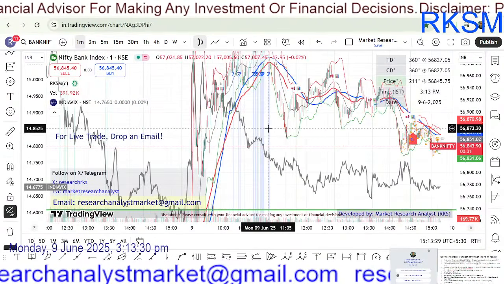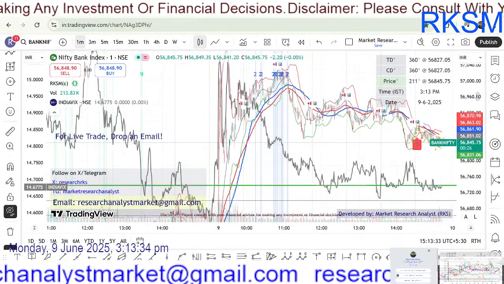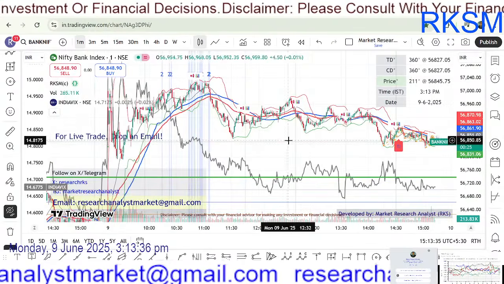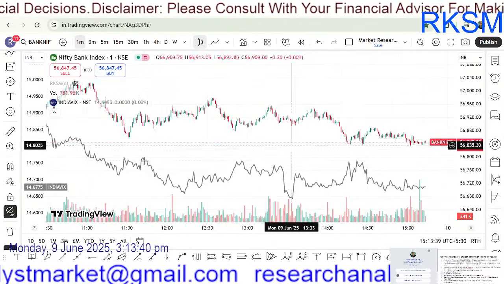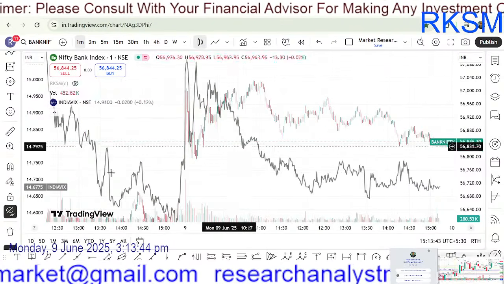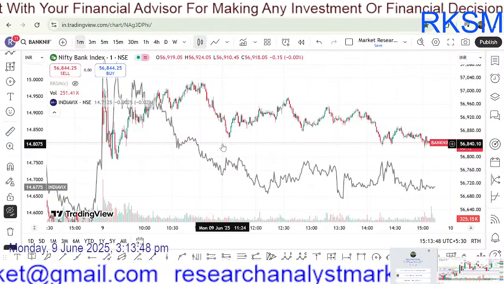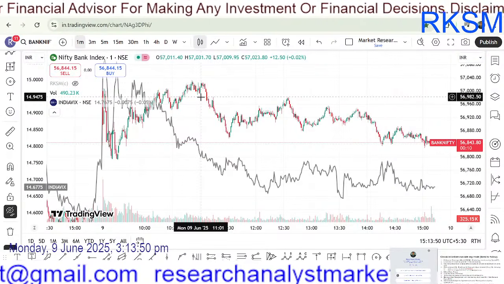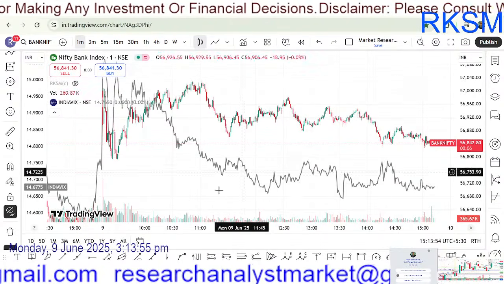We have developed this model, and it has very good capacity. If you notice, from the starting point I haven't talked about any trend line, resistance line or support line.